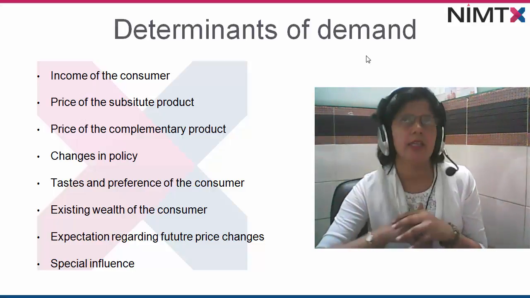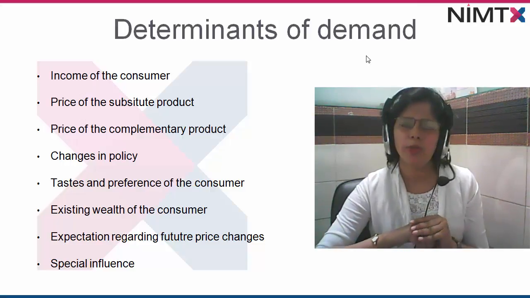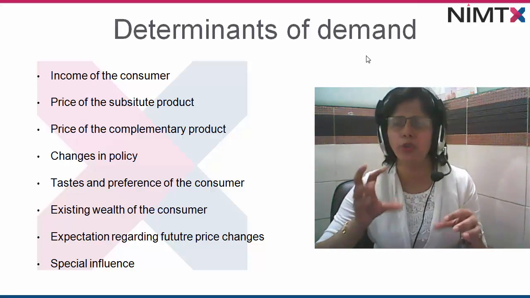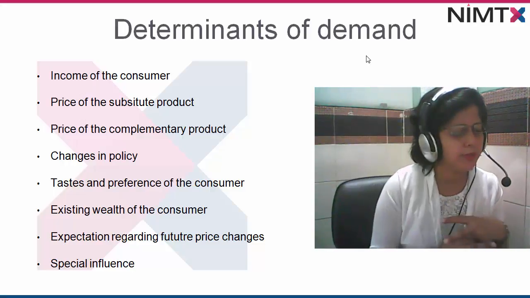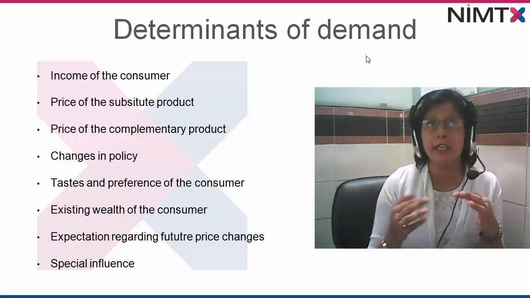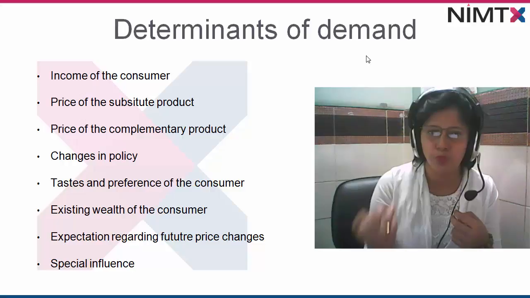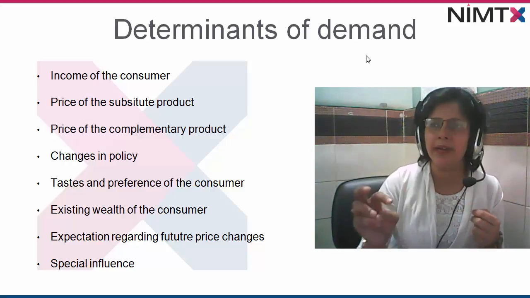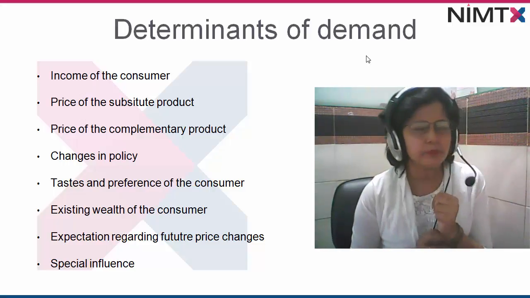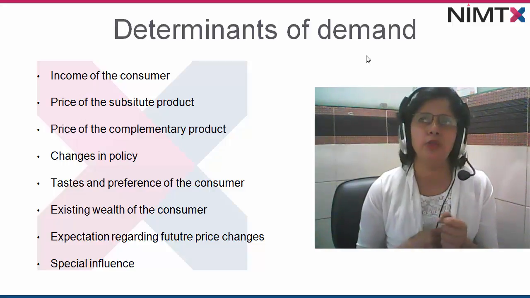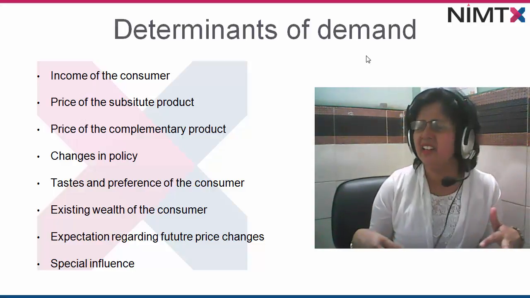The next thing is price of the substitute product. What do you understand by the substitute product? Substitute product, you can say, gives the same level of satisfaction which you get by using that product. For example, we have two shampoos like Head and Shoulders and Pantene.